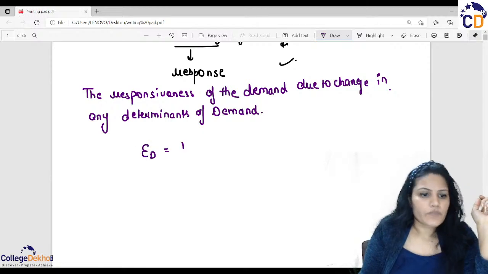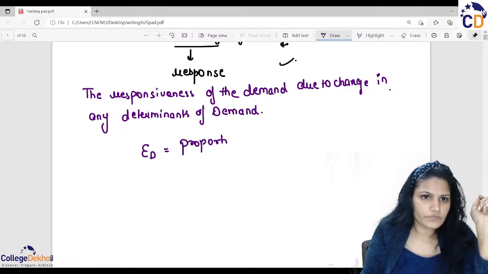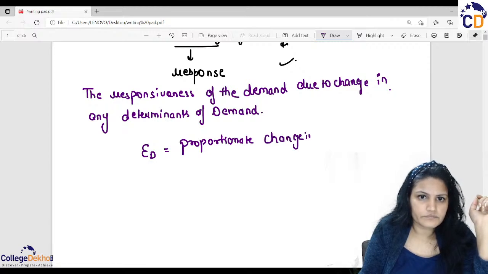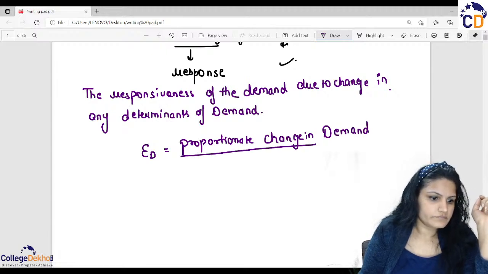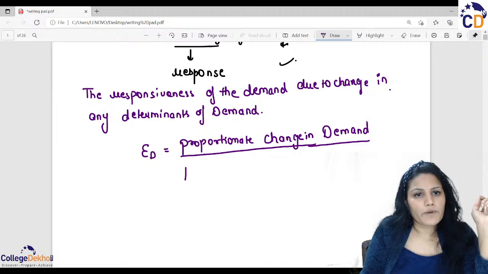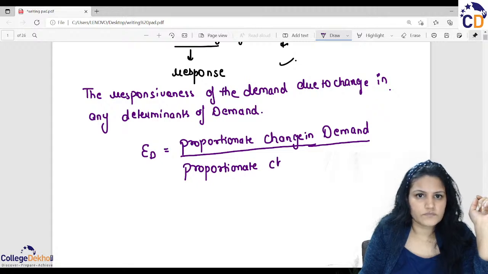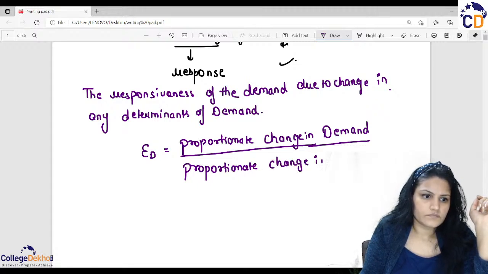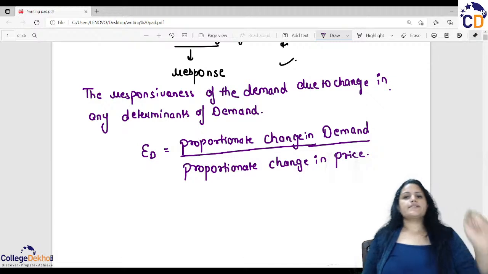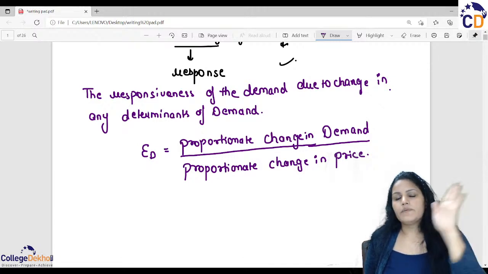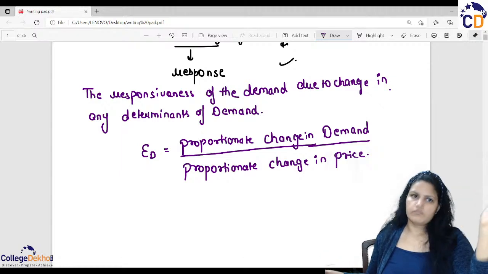That will be equal to the proportionate change in demand upon proportionate change in, let's suppose, price. There may be a price, there may be an income, there may be the price of another good. We are going to discuss it.